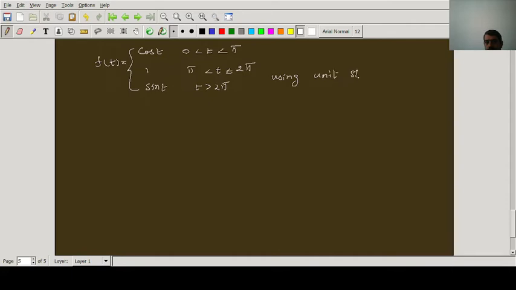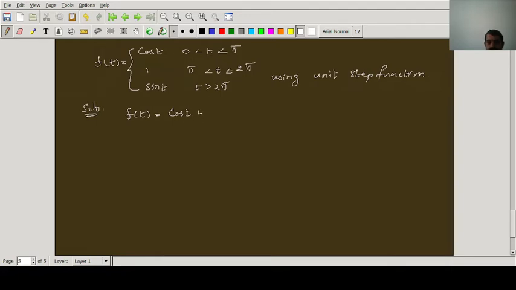So, unit step function. First solution: first we write f of t as cos t. We can leave it as cos t here if we have only 0.